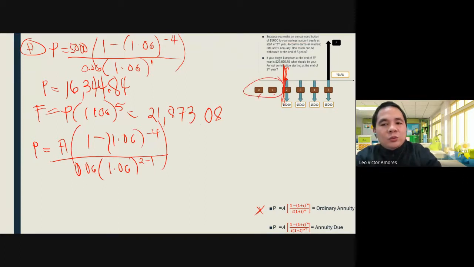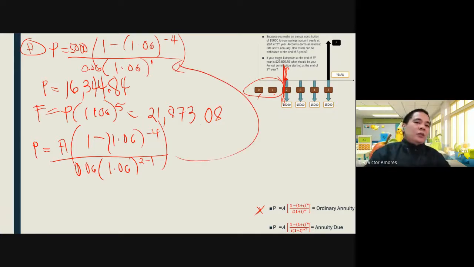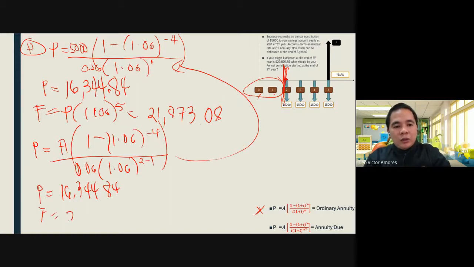So 2 minus 1, which tells you the problem is still the same as your ordinary annuity. Basically, it will give you the same answer, which is P equals 16,344.84, and F is equal to 21,873.08.